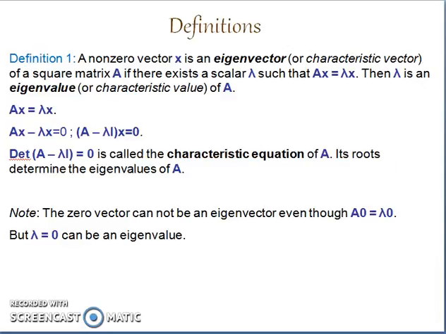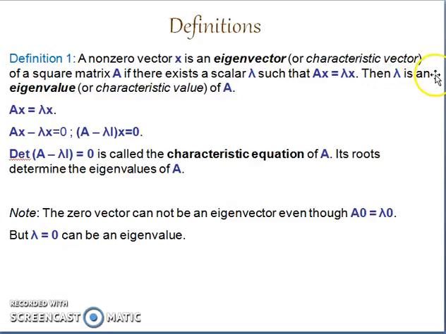Regarding the definition of eigenvector, a non-zero vector x is an eigenvector, also named characteristic vector, of a square matrix A if there exists a scalar lambda such that Ax equals lambda x.